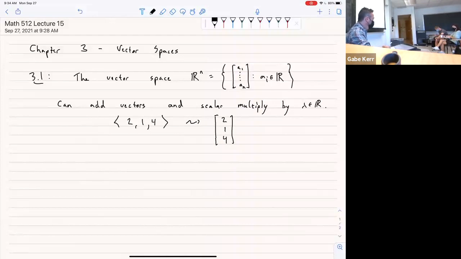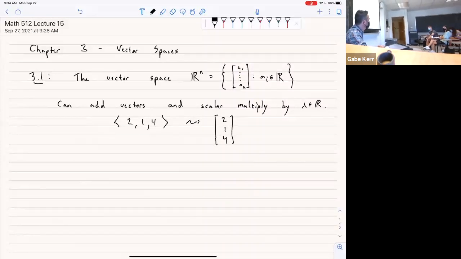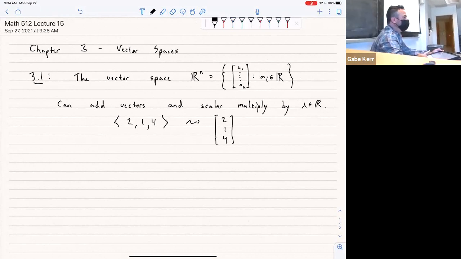One thing I would say we don't have, I don't know if it's anywhere in Artin, is this notion of a dot product, right? You all know that. That's actually kind of subtle. Dot products are not inherent to vector spaces.